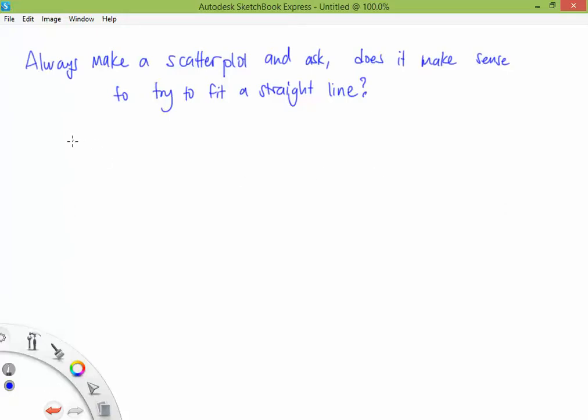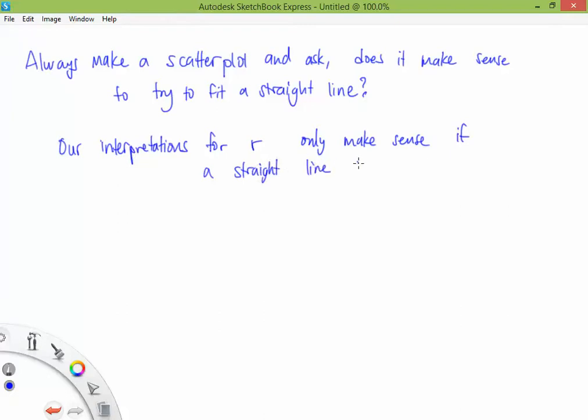Okay, because our interpretations for r, and what I mean by that is that red box that I said was very important, only make sense if a straight line fits our data. And we can have all sorts of situations where a straight line does not make sense.